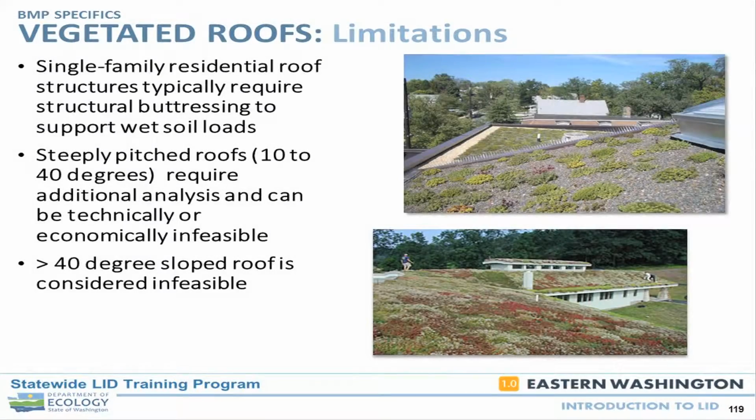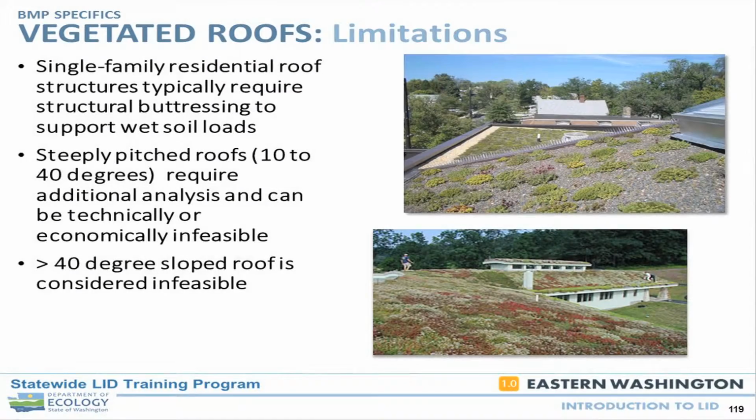Steeply pitched roofs, so if you've got a 10 to 40 degree pitch on your roof, then it really does require additional analysis before considering a vegetated roof as an option for design. And really the best pitch is 5 to 20 degree roofs. Greater than 40 degree slope is just really considered infeasible for pretty obvious reasons. If there's too much of a pitch, then it's just not going to work for a vegetated roof.